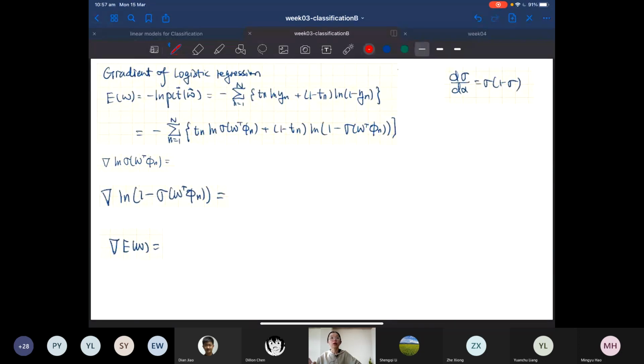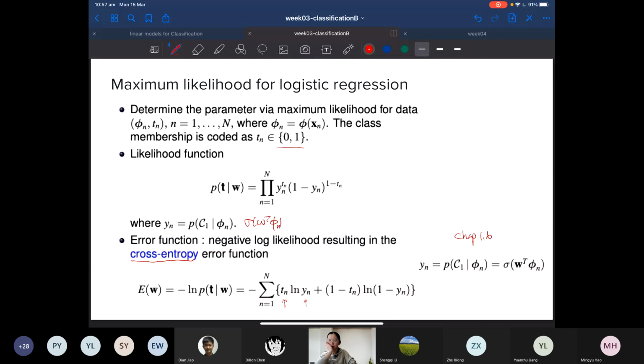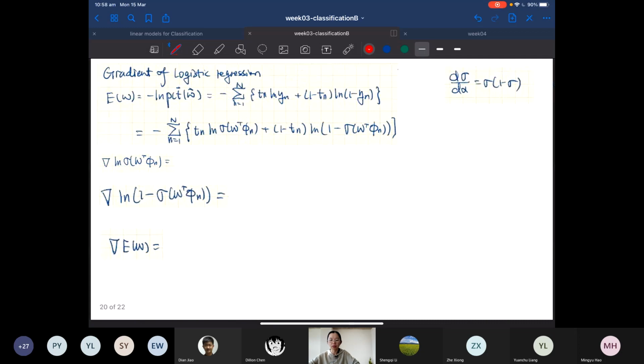Okay, we still have a little bit of time, so let's cover how we optimize this. If we stare at this, there is no analytical solution to this. And as we saw for a few rounds now, similarly for the perceptron, the general thinking for solving this is that we now have an error function E of W. We want to find a stationary point.